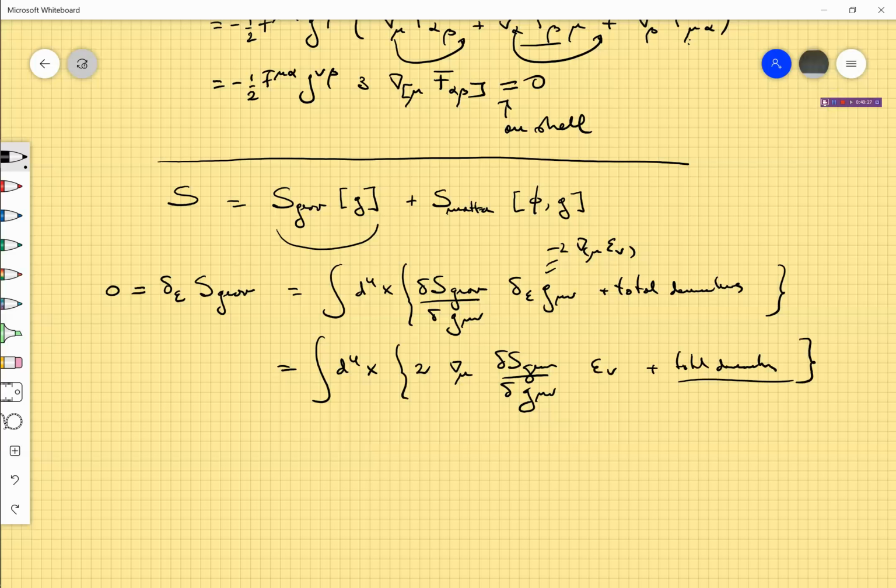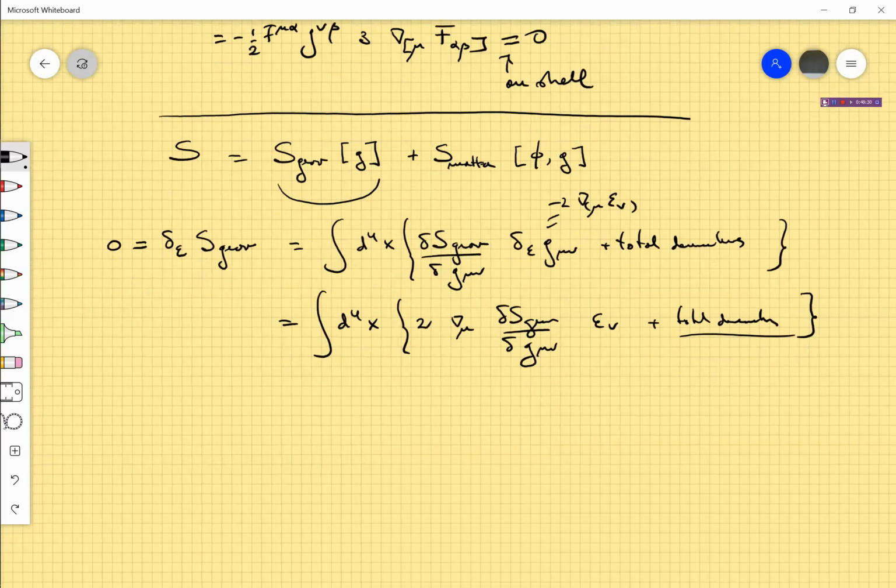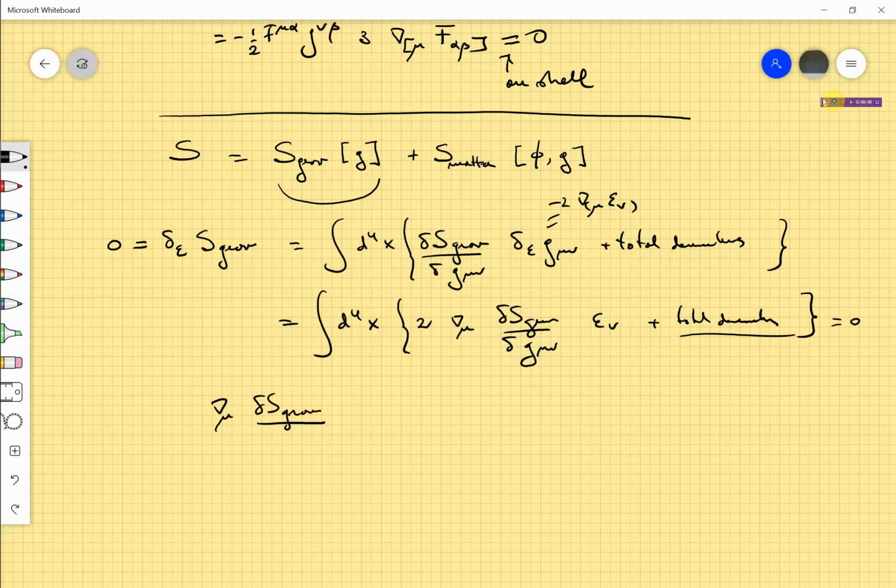You still have many different epsilons that satisfy those boundary conditions, so you can get rid of them, and then for all those epsilons, which are still quite a lot, this will be 0, which means that whatever these equations of motion of the gravitational field are, when it is uncoupled, because we are only considering the free part, if you want, they have to be divergence free, but now off shell.